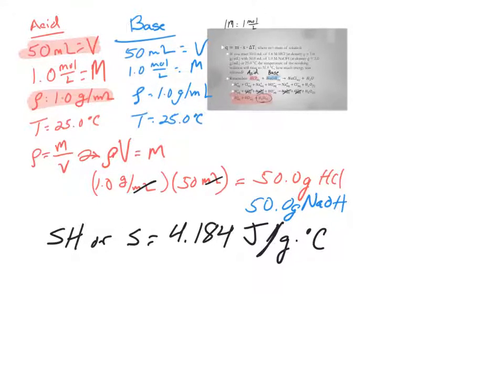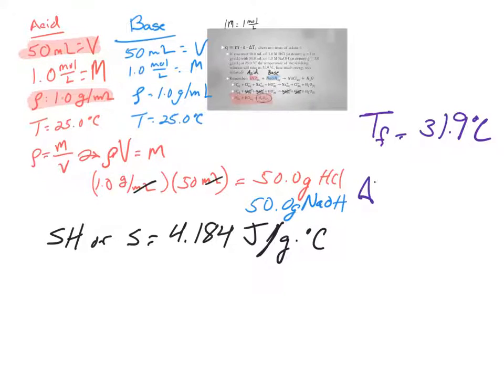Okay. We also need to have the delta T. The final temperature is given to us in the question, and it says that after the reaction has occurred, it's 31.9 degrees Celsius.